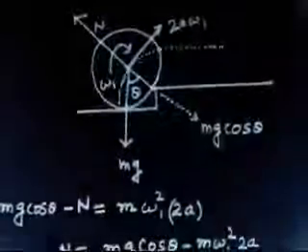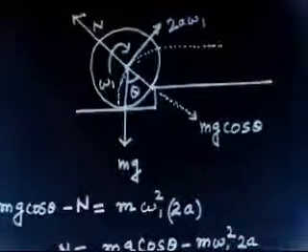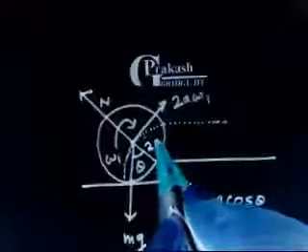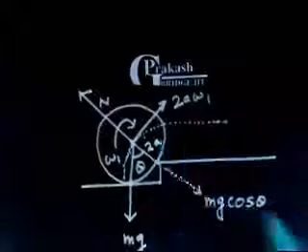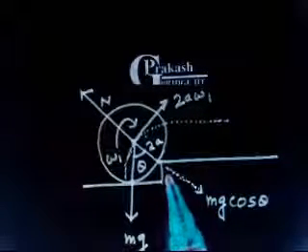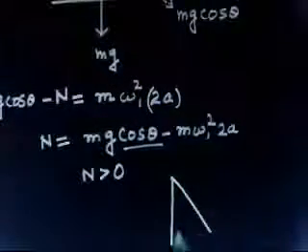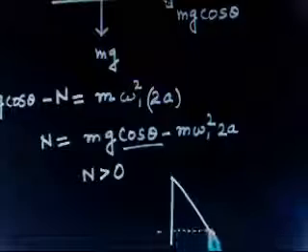So this means that at the lowest point, if this is greater than 0, it will always be greater than 0. So at this point, what is the cos theta? This height is 2a, so this length is the radius 2a. This length is 2a. Let me show here, this is the cos theta.